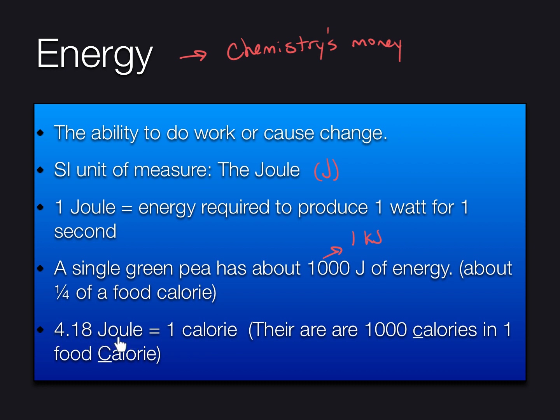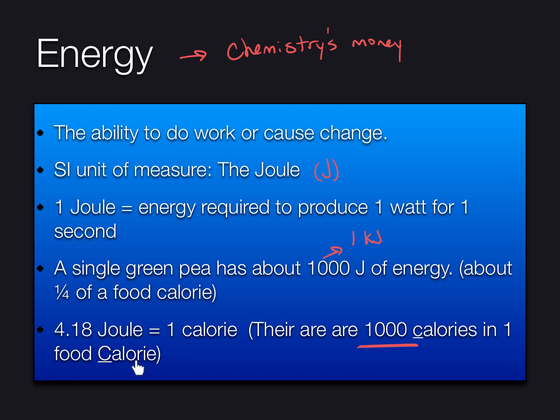The food industry doesn't really want you to think about energy in terms of calories when you're talking about joules. Instead, they use capital C, or food calories. A capital Calorie is actually 1,000 calories, little c. So in other words, a Calorie in the food sense is a kilocalorie.